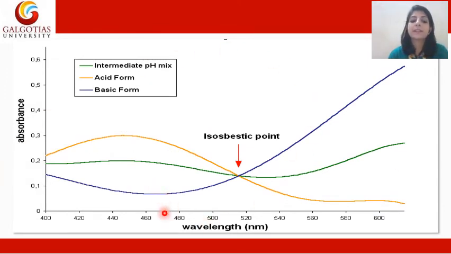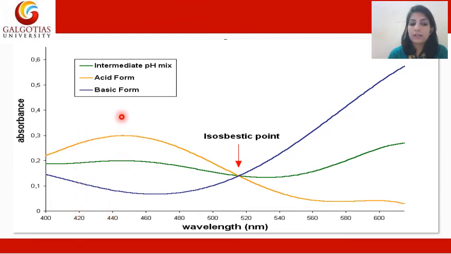In this you can see that whenever we are scanning this particular indicator, we have three forms of the indicator: acidic form, neutral form and basic form. Each is in a different solvent, so they will show different absorption values. At 420 you can see that all three forms have different absorbance values.